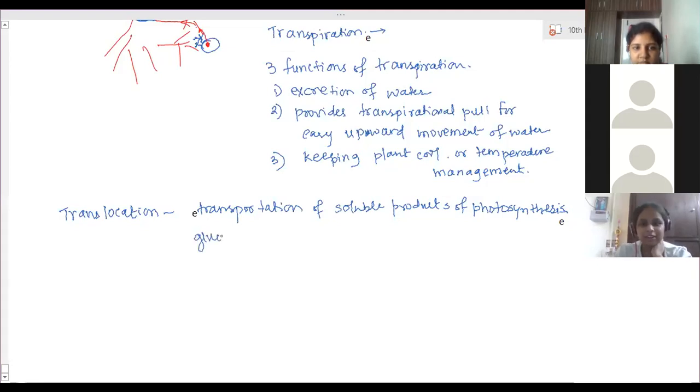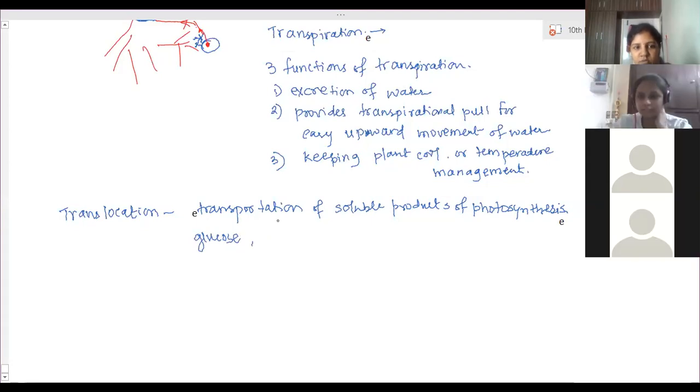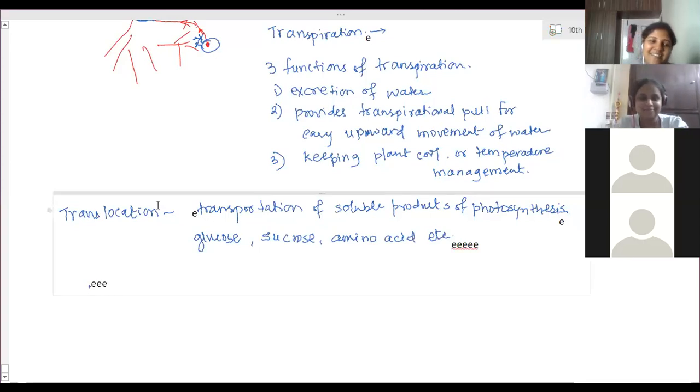Glucose, sucrose, amino acids, etc. Yeah. Then how will this take place? The transportation, how is it possible? Can you explain the process of transportation?